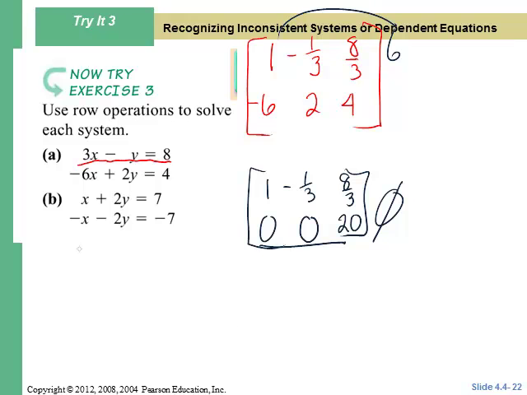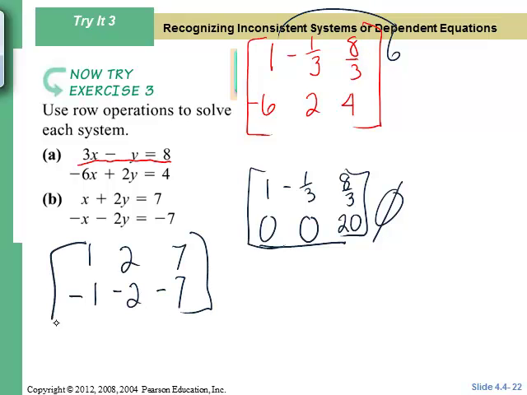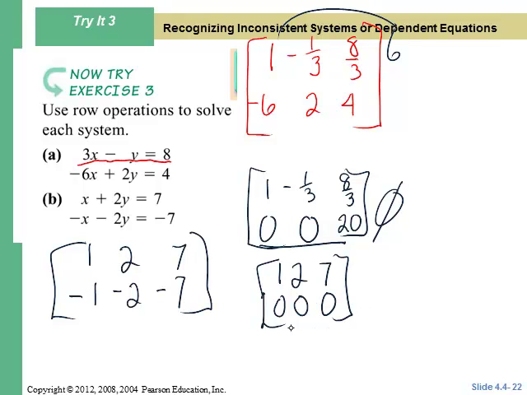On the second one: 1, 2, 7, negative 1, negative 2, negative 7. You'll notice what happens here. First row is fine, 1, 2, 7. Add the two rows together and you get 0, 0, 0, and 0 is always equal to 0, so we would have many solutions.